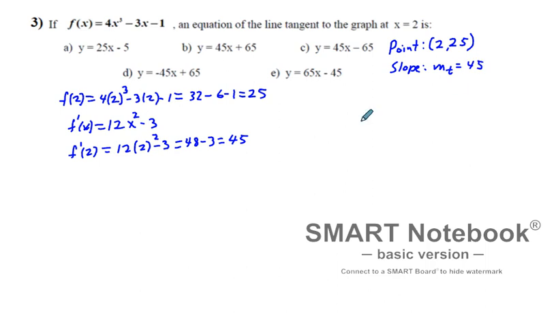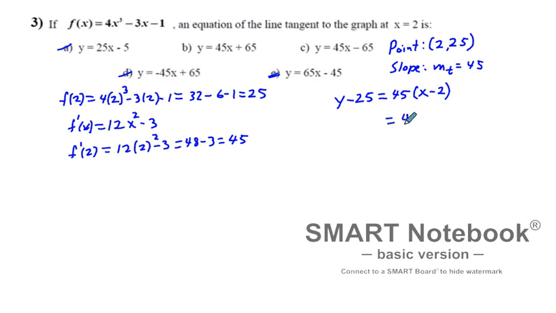And going to our point-slope form, we have y minus y1, which is 25, equals m, which is 45, times x minus 2. And you'll see our slope is 45, so answer choices A, D, E are gone. Okay, so now let's just distribute on the right side.